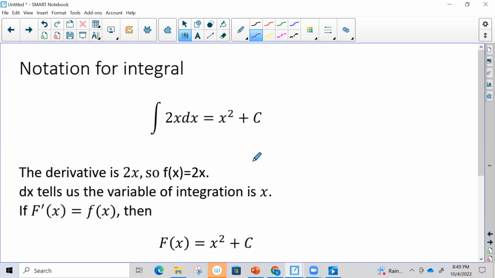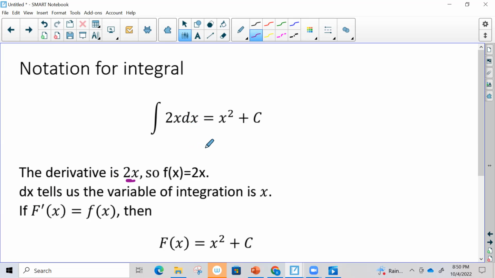So how we would write it for a problem we've done is the integral of 2x dx. So the derivative is 2x. So f of x would equal 2x, that lowercase f of x. If I take the antiderivative of that, I get x squared. And then again, I always put that plus c.